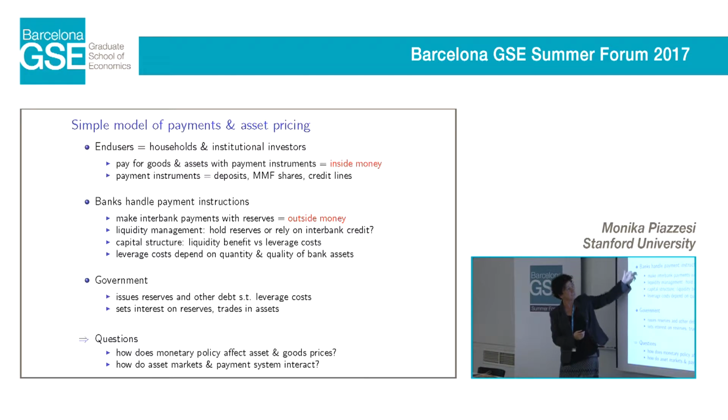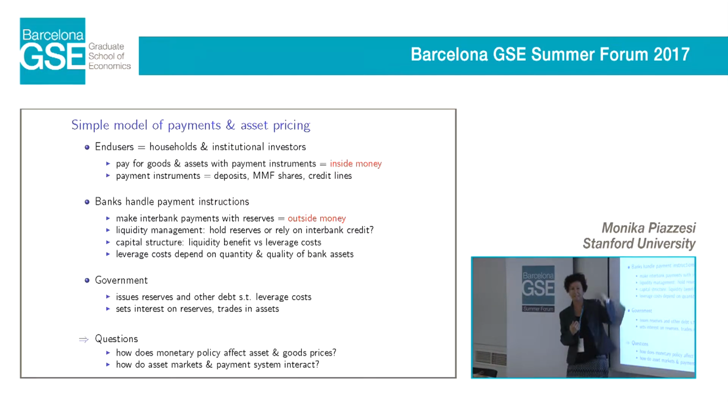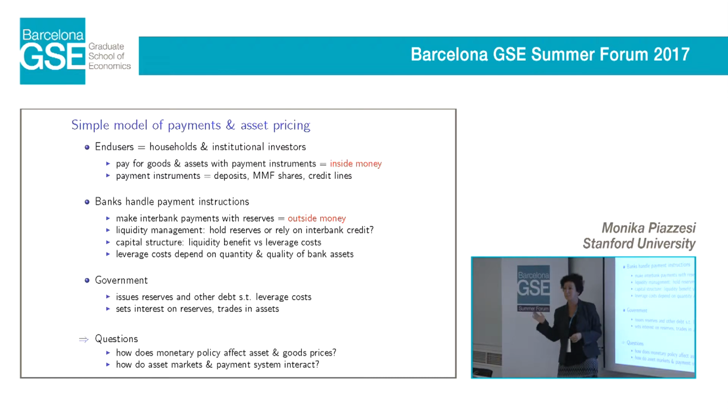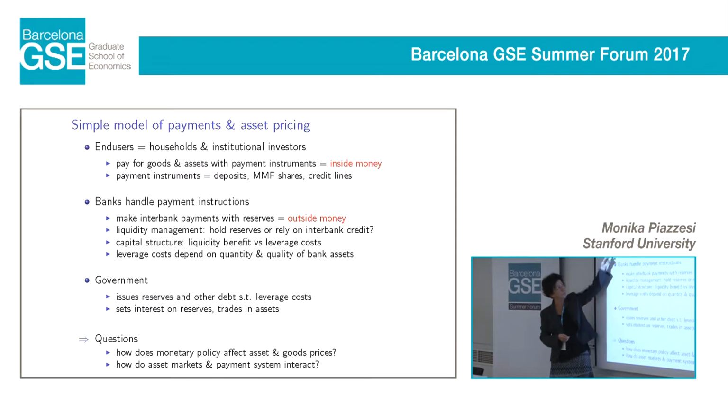And then there's a separate layer at which banks handle the payment instructions that they're receiving from these end users. So they have to somehow deal with these payment instructions. And so the way they deal with it is they make interbank payments to each other with outside money. So this is reserves. In providing this inside money to their end users, banks have to deal with two issues.